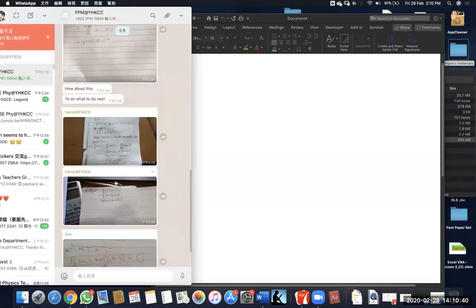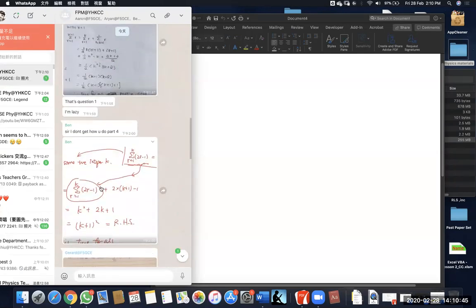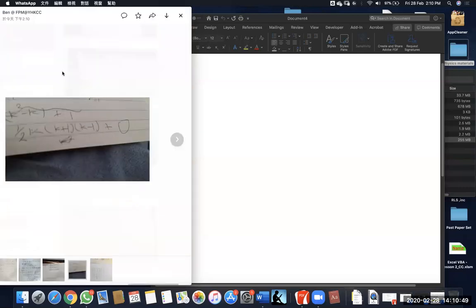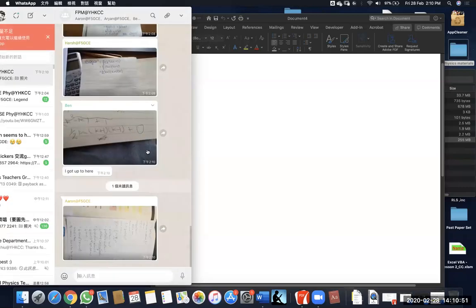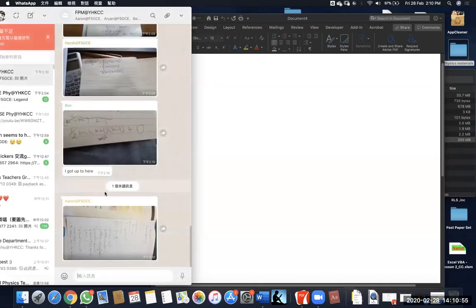Ben, you just send me this part. What have you written down? Ben, just send me the whole part of what you have done. Aaron, you need to know how to use your camera.